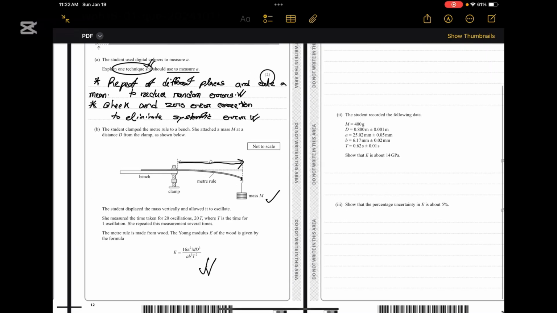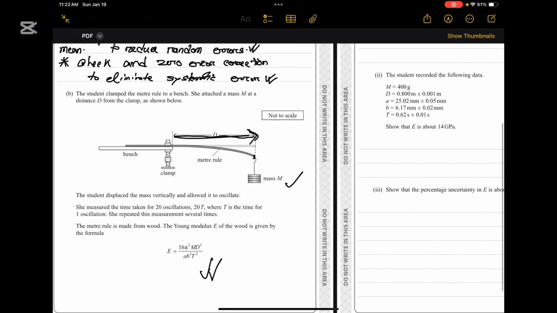So when you increase this d, this t value will also increase, right?